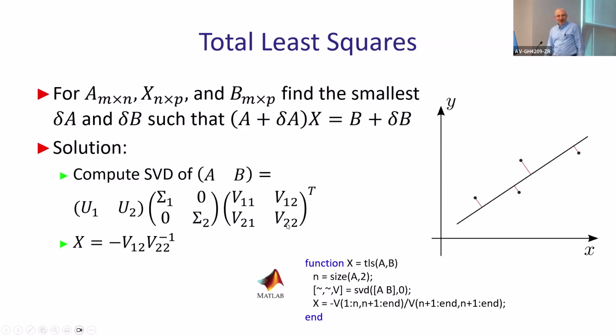Okay, so you multiply this block by the inverse of this block and take the minus of that. Again, I'm not proving why that is. And the calculation follows the exact formula here. To do that, you're doing SVD of that stacked matrix together. And then you're taking particular components out of the V matrix. Okay, this will give you a total least squares solution for that problem. Okay, any questions?